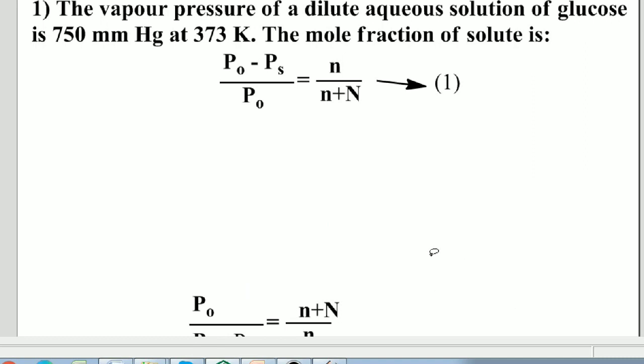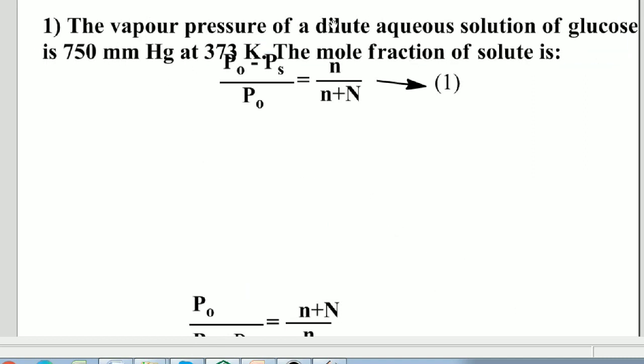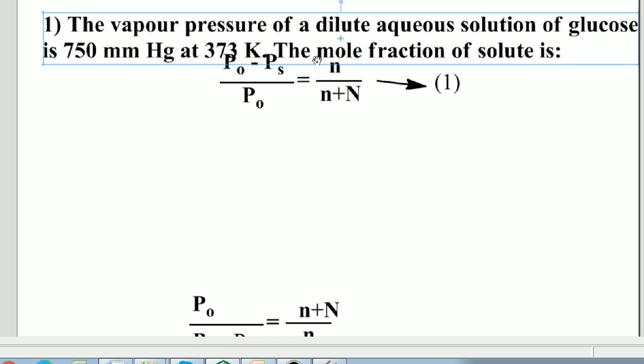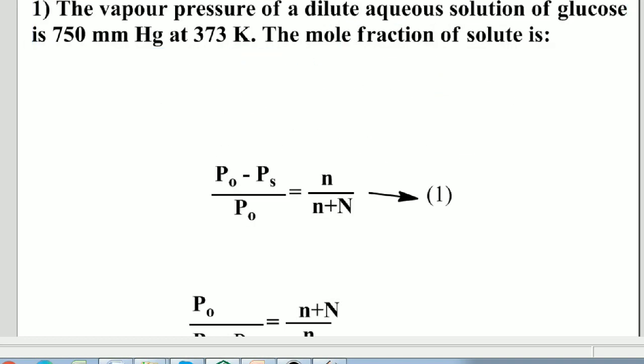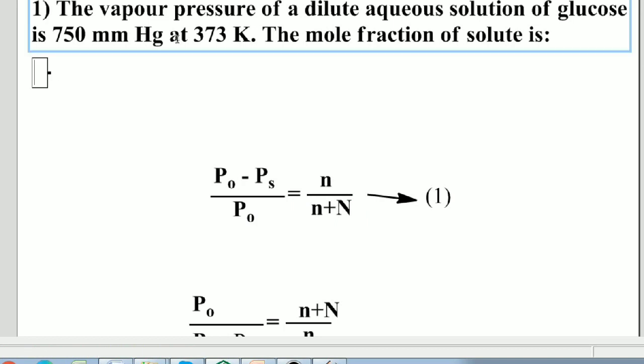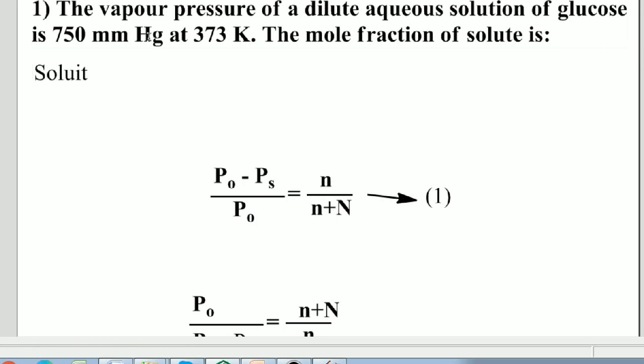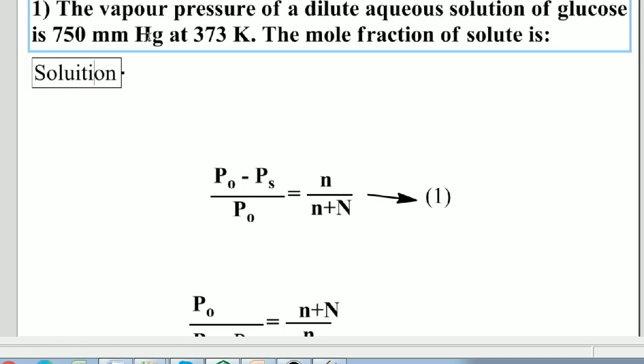This is problem number 1. So students, first we can write the given data, and the solution for the given problem is like this.